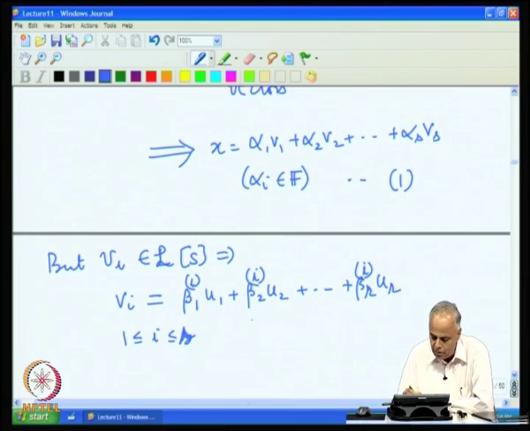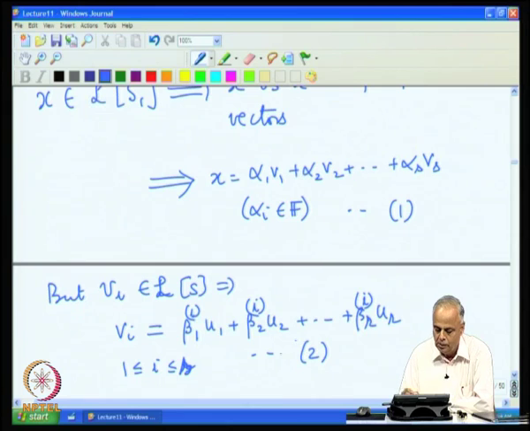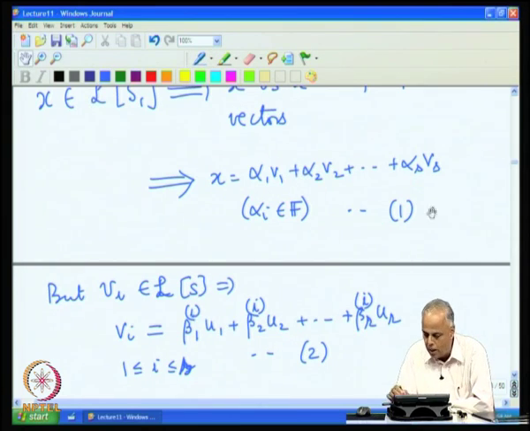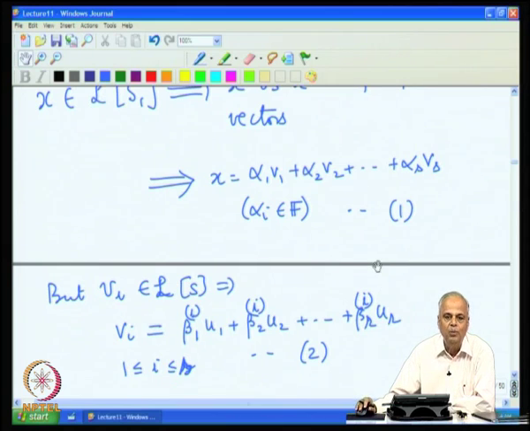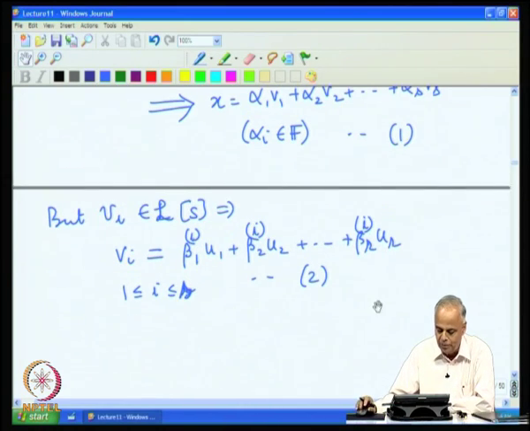Now, if we substitute all this in equation 1, what do we get? We will get x equal to alpha 1 into a linear combination of the u's plus alpha 2 into a linear combination of the u's, and so on and so forth. Therefore, if we combine the u1 terms, combine the u2 terms, we will get finally only a linear combination of the S vectors.